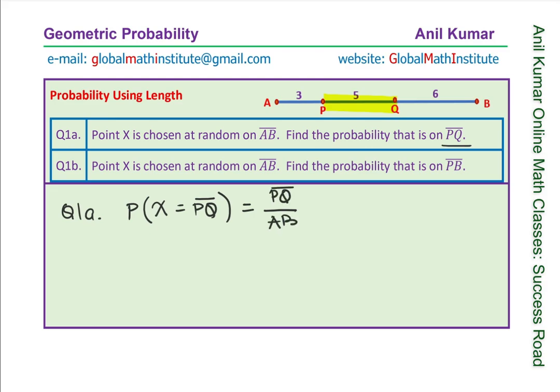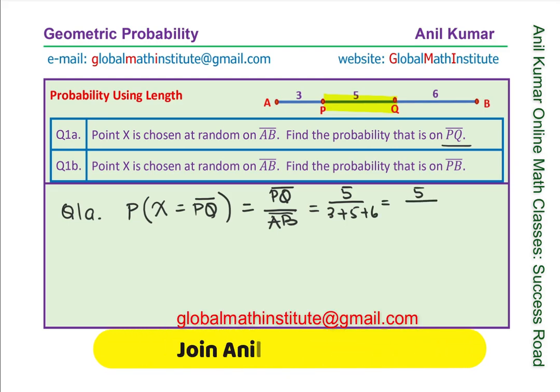So that's measurement of length. So that is the geometric probability. So PQ is given to us as 5 and AB is 3 plus 5 plus 6. So it's 5 over 14. That becomes the probability for case A.